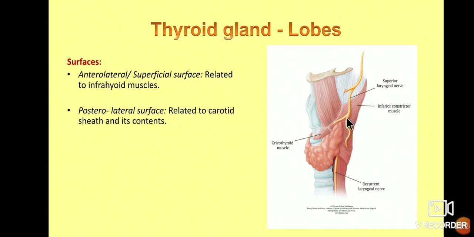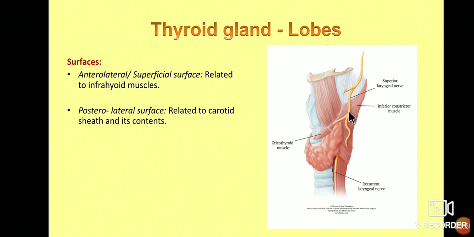Two muscles, inferior constrictor and the cricothyroid muscle. Constrictors are inferior, above that you will see middle, and above that the superior. These three constrictors of pharynx are synonymous to the inner circular muscle of your GIT. Your GIT has smooth muscle, muscularis externa, inner circular and outer longitudinal.